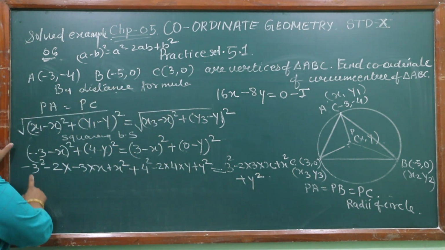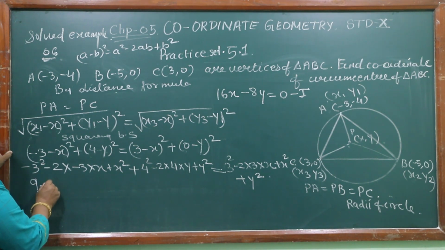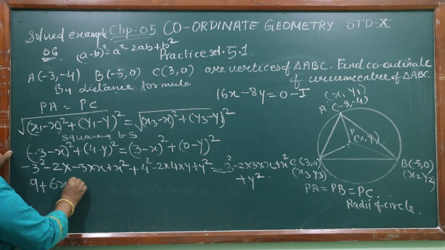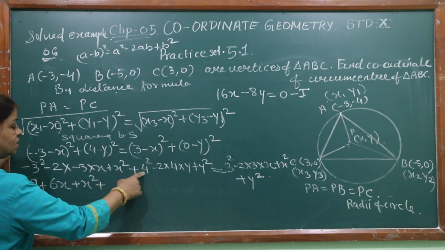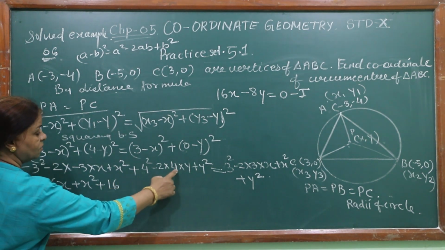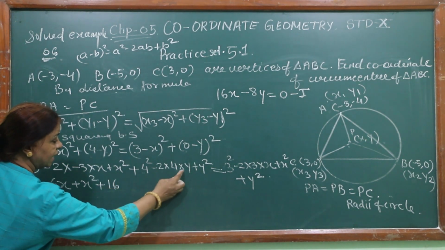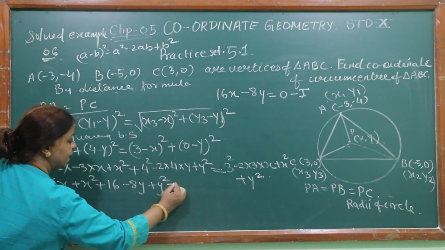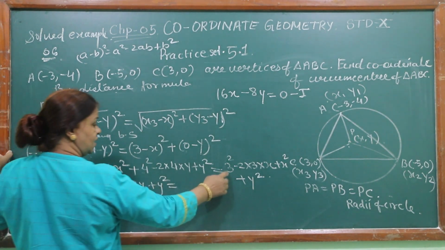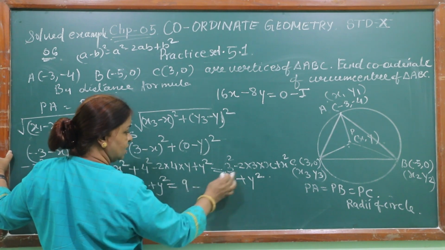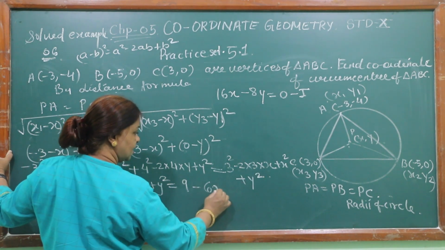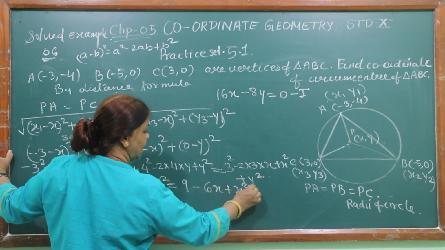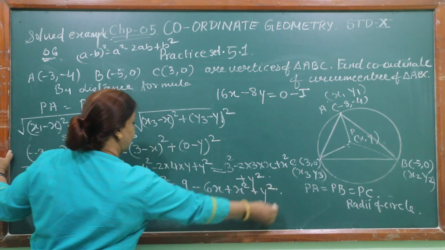Now minus 3 square is 9, minus 2 3s are 6x, minus will become plus 6x, plus x square, plus 16, 2 4s are 8y, minus 8y plus y square is equal to 3 square is 9 minus 2 3s are 6x plus x square plus y square.